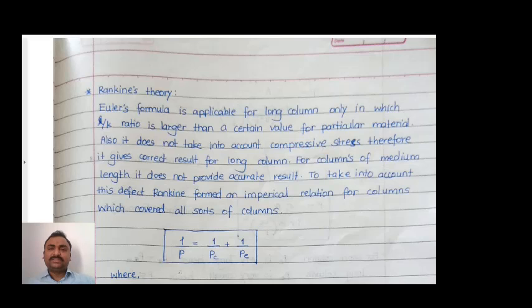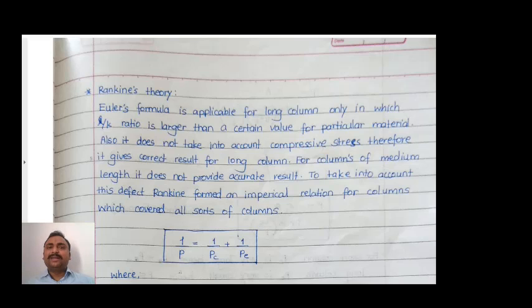Now today we will start Rankine's theory, which can be applied for long column also and also for short column. Mostly Rankine's theory is applied for medium length column and short column. In Euler's theory, only long columns are analyzed to calculate the critical load and the stresses induced in the long column.